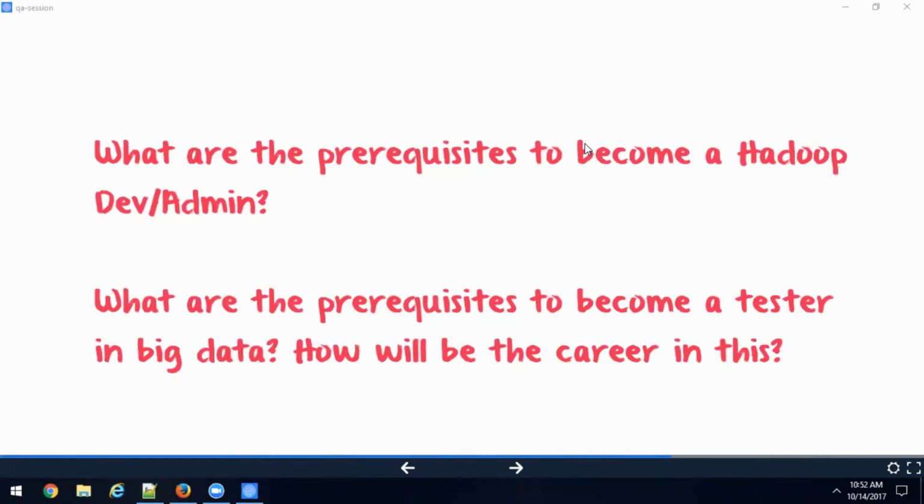Or also you will see a lot of system admins transitioning into Hadoop administration. But I think the prerequisite there is you need to be familiar with Linux. Since you're going to do administration, you need at least the basic commands, how to troubleshoot a process, how to check memory, how to check CPU, and things like that, right?